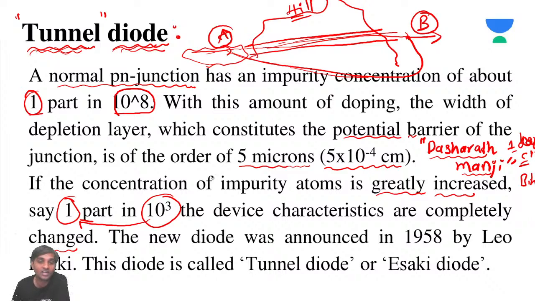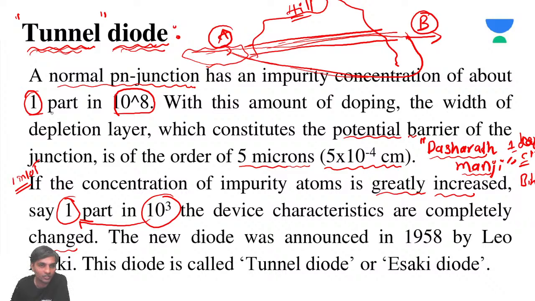Yes, the Zener diode range is 1 in 10 to the power of 5. But here what I am trying to do is 1 in 10 to the power of 3. This is a very high concentration. So understand the difference.